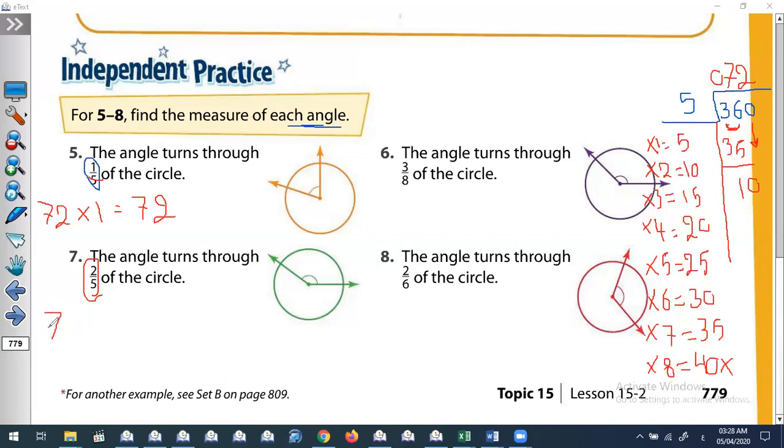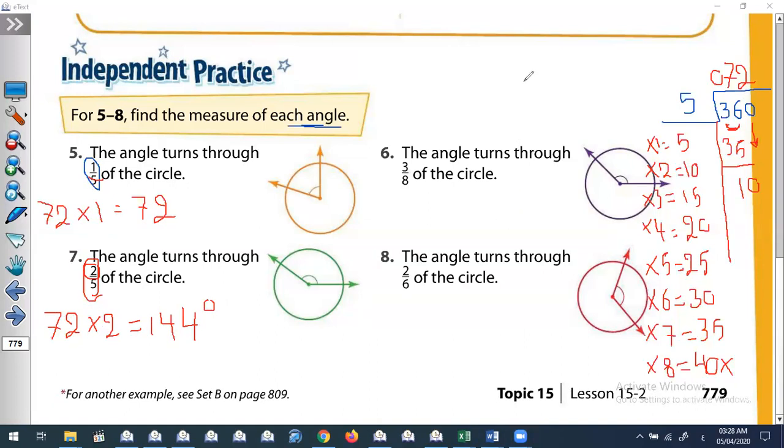So don't forget to multiply 72 times 2, because we have 2 up in the numerator. Here we have 1 up, so 72 times 1. But here we have 2 up. 72 times 2. 2 times 2 is 4. 2 times 7 is 14. The answer is 144 degrees.